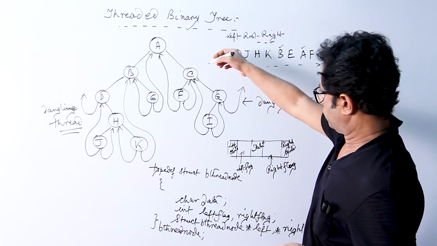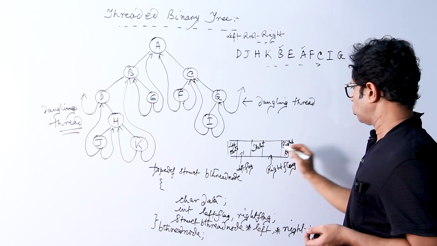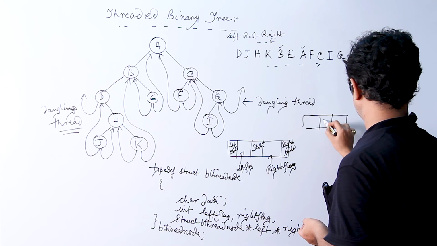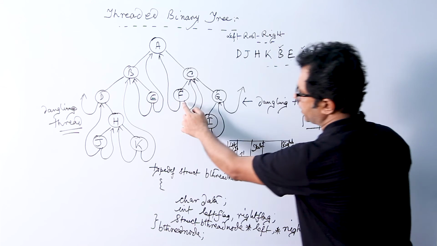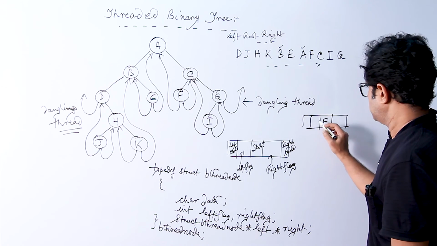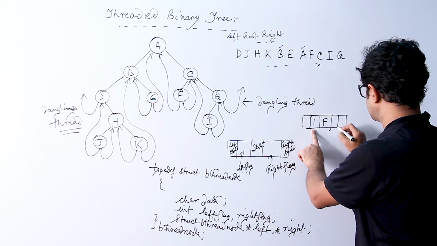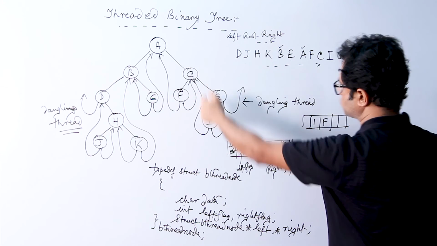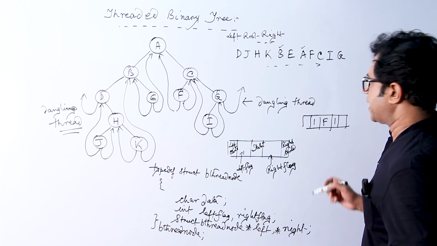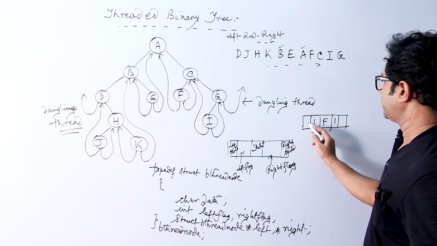Suppose randomly we take this F node. Suppose F node will have a content like this. Suppose F node's data value is F. F node has a thread on the left side, that is the left flag of F will be set to 1 because there is a left thread, and there is a right thread as well. See, this right thread points to C. So the right flag will also contain the value 1, and the left pointer will contain what?